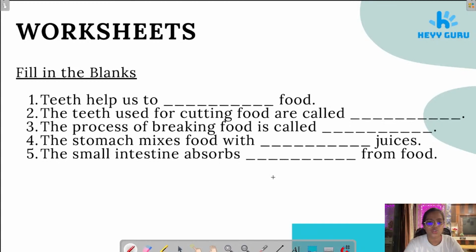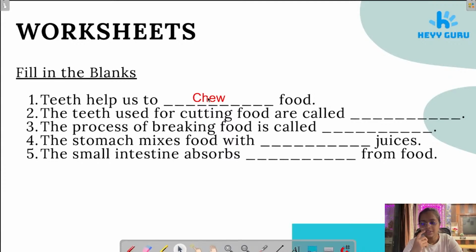Your next question is: the teeth used for cutting food are called. Which teeth is used for cutting the food? Let me give you a hint.